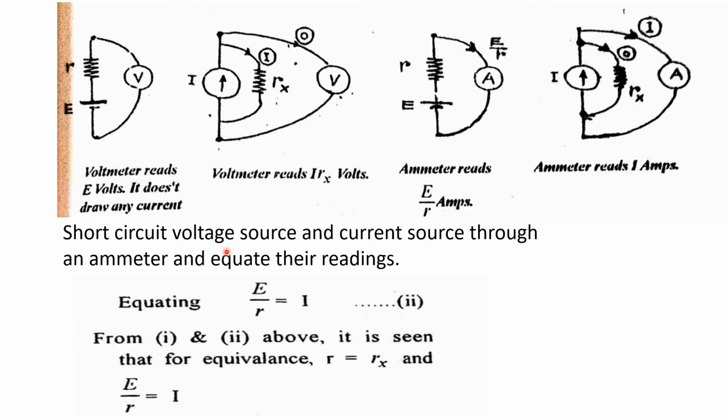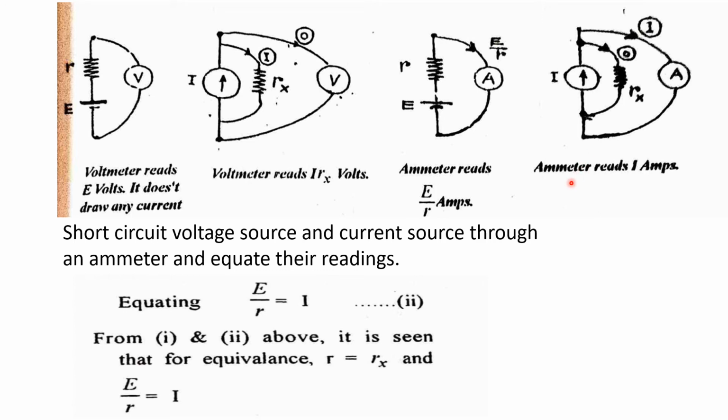Short circuit voltage source and current source through an ammeter and equate their readings. Voltmeter reads E volts, it doesn't draw any current. Here voltmeter reads I into Rx volts. Here ammeter reads E upon R amperes.